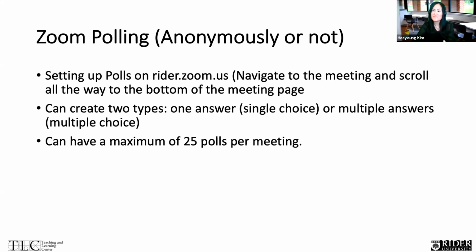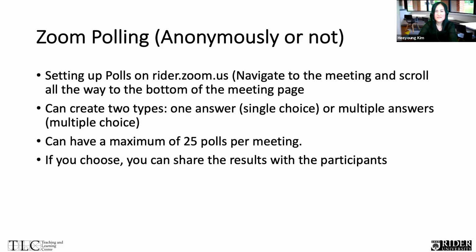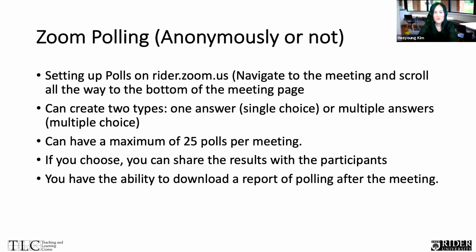They have a template and you can use it, and you can have a maximum of 25 polls per meeting. So each class you can have 25 polls. And you can share the results with your students, or if you decide not to share, that's okay too. So there are options you can choose. Also there is an option to download a report of what you have done.